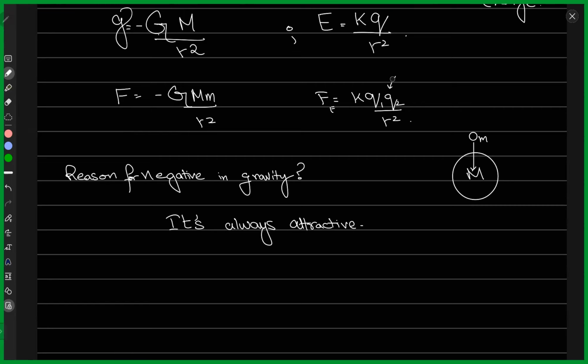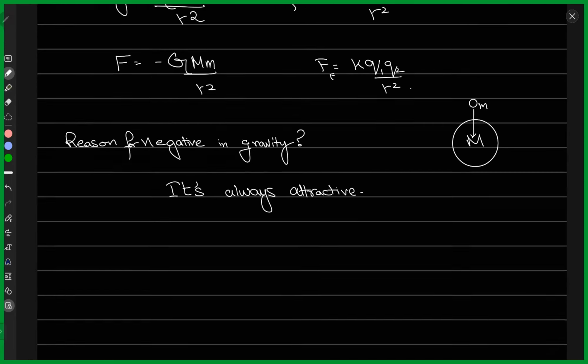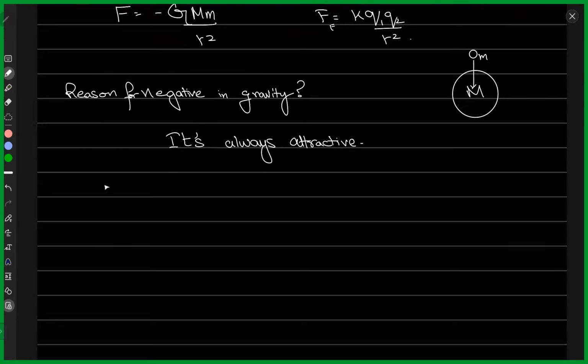So what I'm trying to say is, for example, let's say that you have a positive charge Q and another positive charge Q. Then the force on these charges is outwards, right? They're going to repel each other, and the force is outwards. Now, outwards is associated with a positive signature.